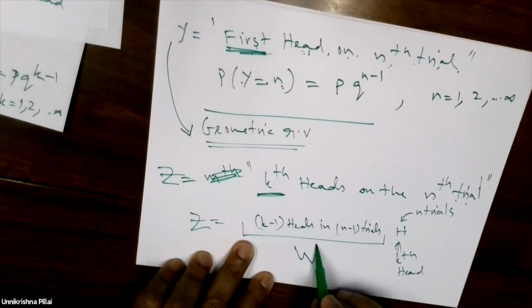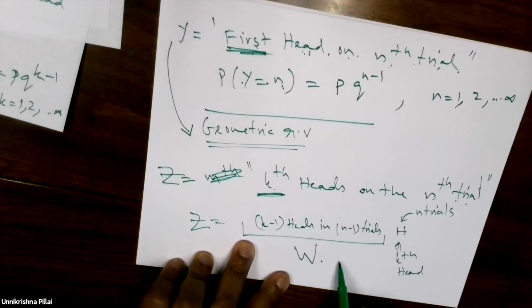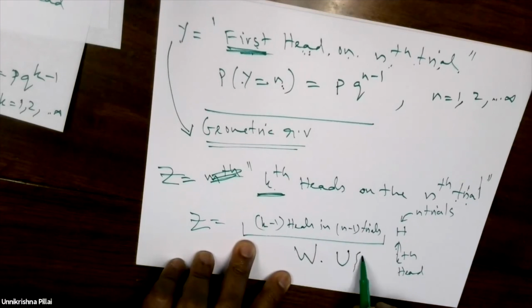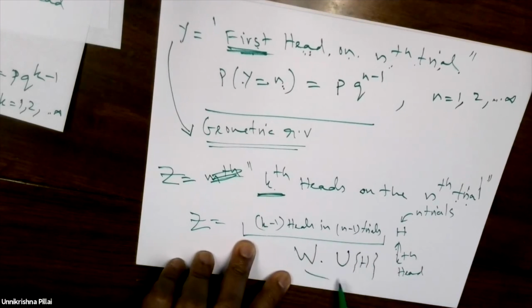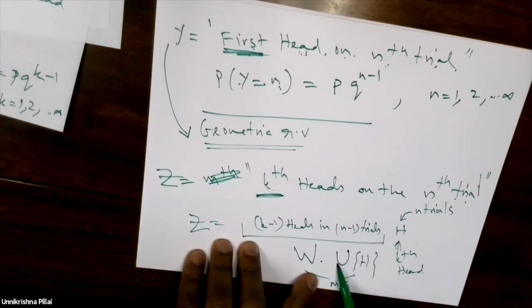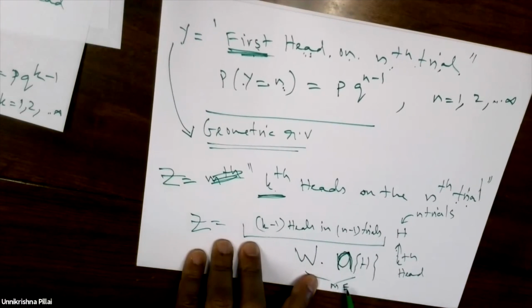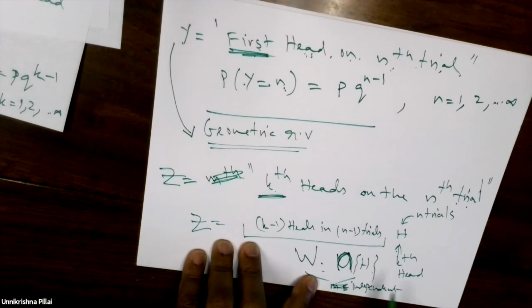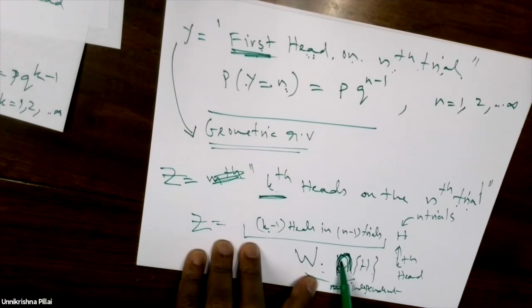Let me call that an event W. So you have W and this H, the intersection, right? They are independent because one comes after the other. This and this, not union, not or, independent. Right?